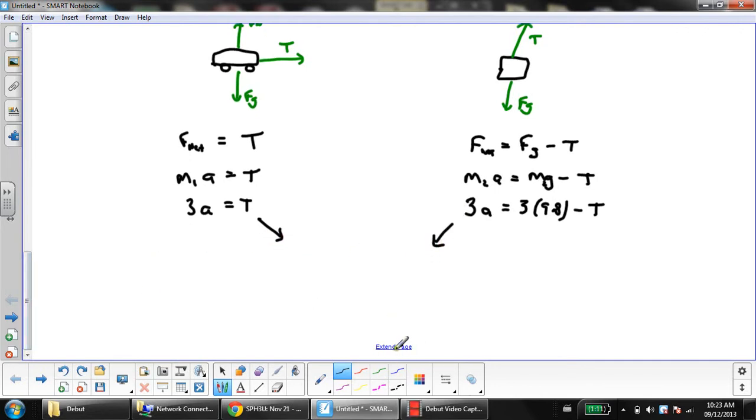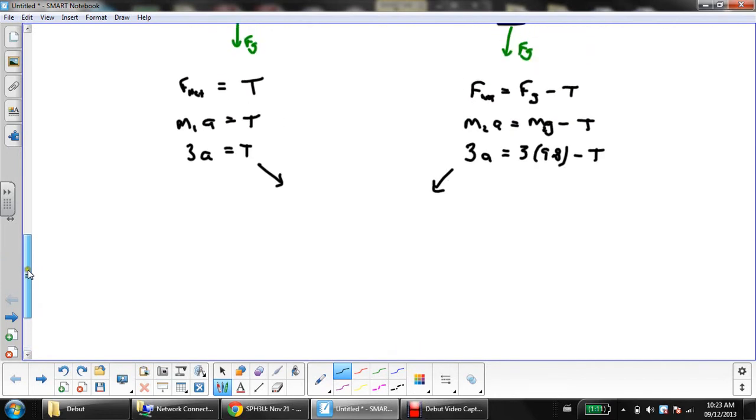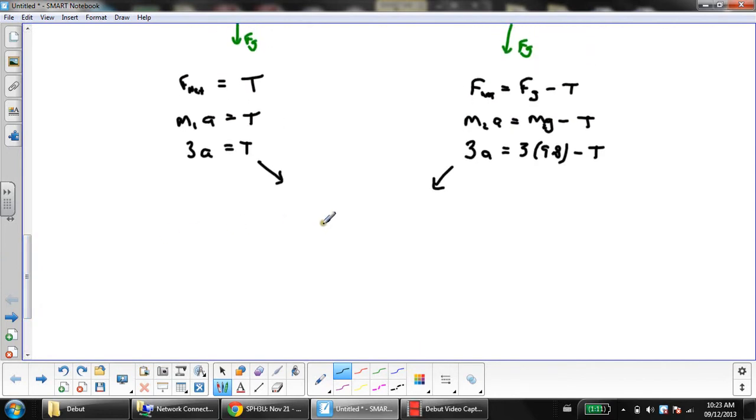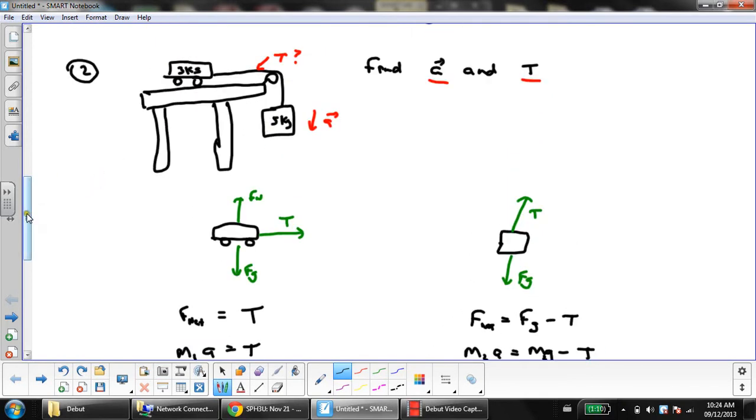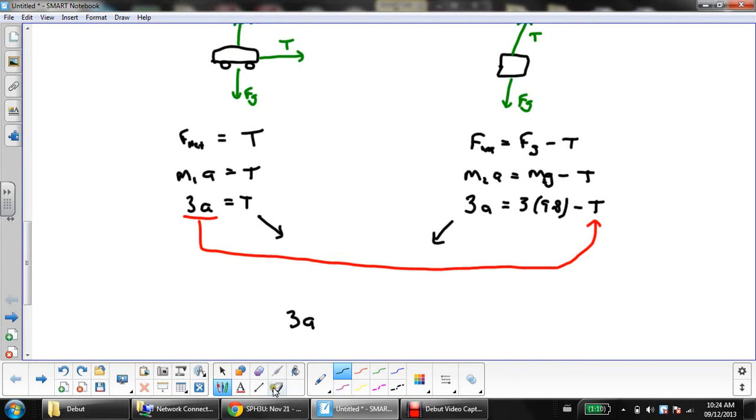Now there are three ways to solve two equations with two unknowns. I can substitute, I can compare, or I can eliminate. Eliminate would also work nicely here, but I am going to substitute. I'm going to put T equals 3a right there, and then I'll have an equation with only a's in it. So I'm going to get 3a... slow down, 5, not 3, made a boo-boo.